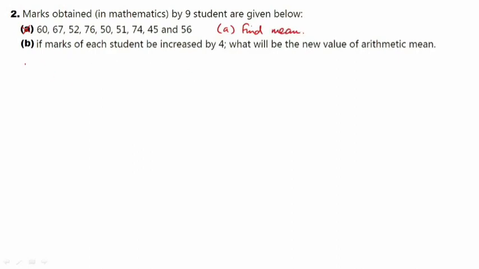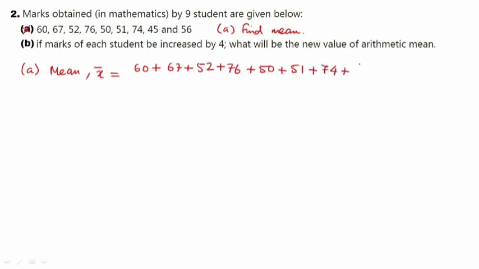Number A. You know how we find the mean. We find the mean, which you call x bar, by first adding up all the observations. The observations are 60, 67, 52, 76, 50, 51, 74, 45 and 56.